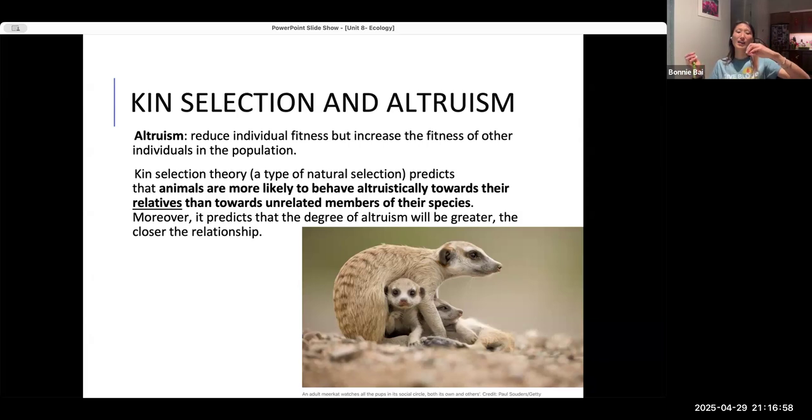So you're getting that secondary benefit of the overall goal of the entire population or species being able to survive. Kin selection usually is more about genetic relatedness.